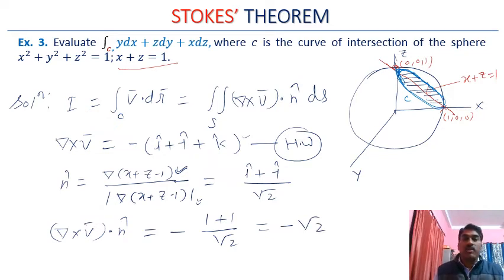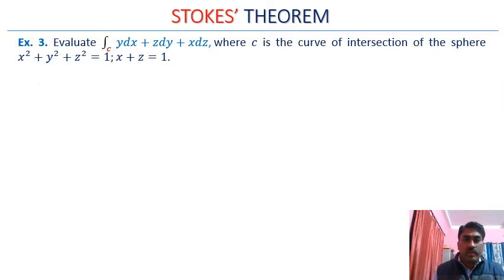So we have obtained the curl V dot n. Now just put these values and integrate. So let us start. I is equal to minus double integral root 2 ds.